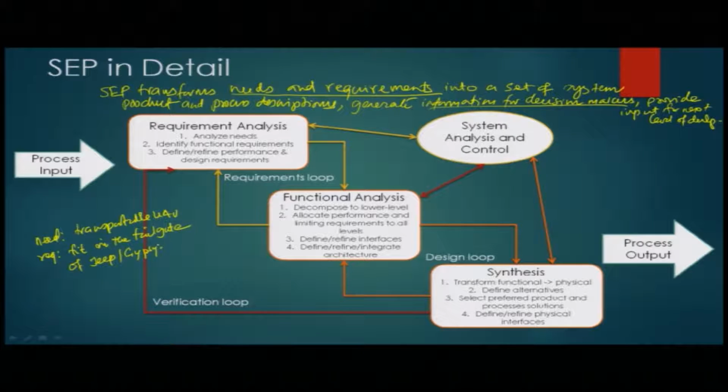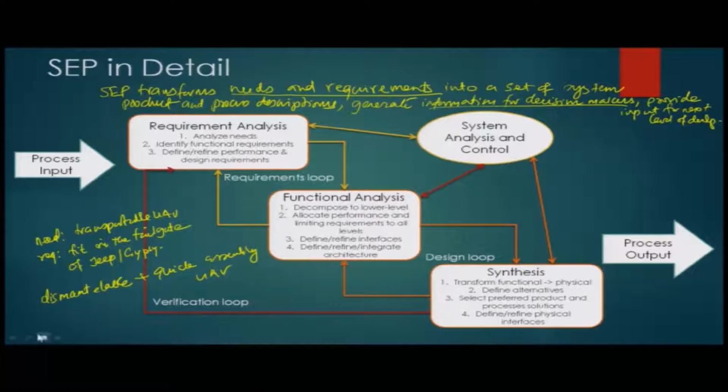Fair enough. Then how do you translate this into what you call performance and design requirements? So, the transportable UAV, it means it has to be dismantleable. So, the need gets translated to a dismantleable plus quick assembly UAV is one example.